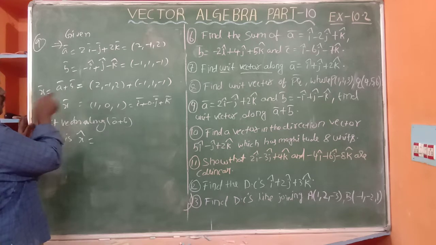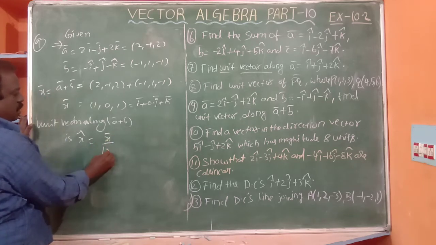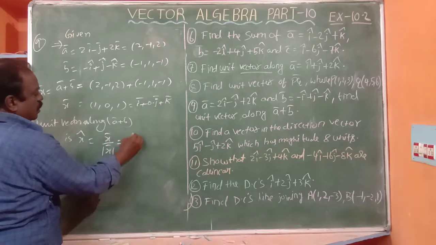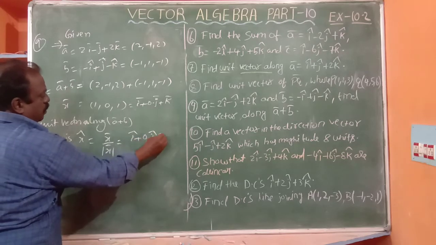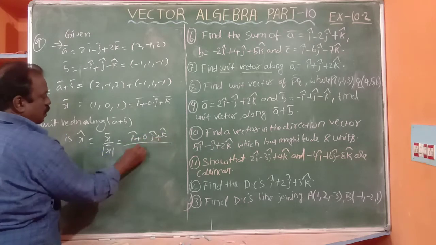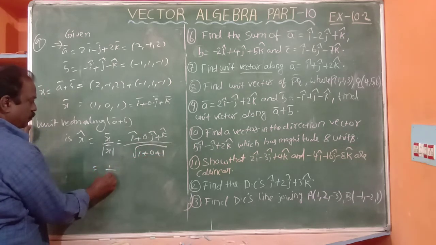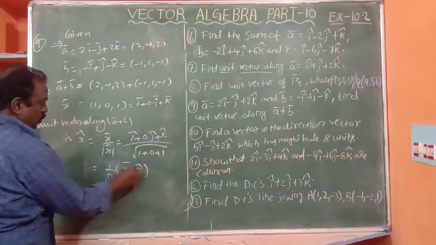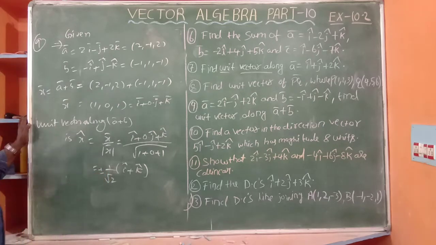X cap is the unit vector along x bar. X cap means x bar by modulus of x bar. What is x bar? X bar is i plus 0j plus k cap by root of 1 plus 0 plus 1. So it is 1 by root 2 of i plus k. You write k, j is not needed. Now that is the unit vector along A bar plus B bar.